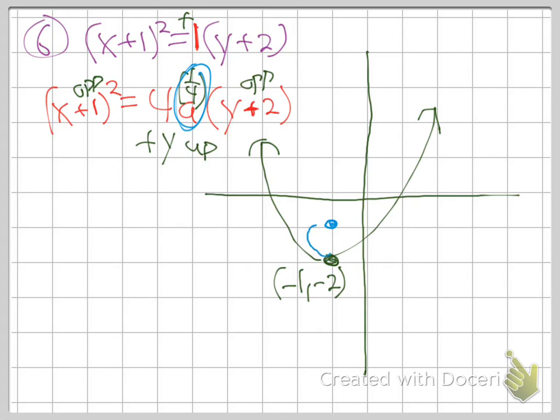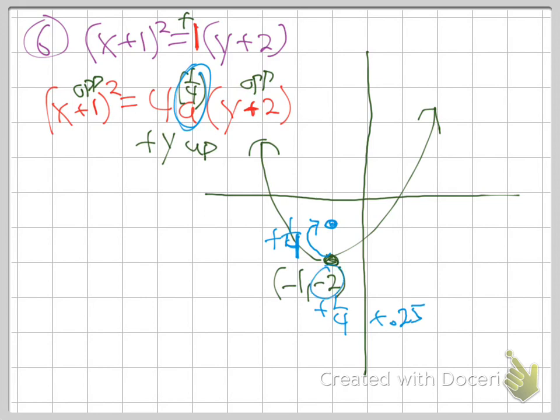So from there to there must be up 1/4. How do you add 1/4? Do I add it to the x coordinate or the y coordinate? Y, because up, down. Now you can do that without a calculator. That's adding 25 cents.